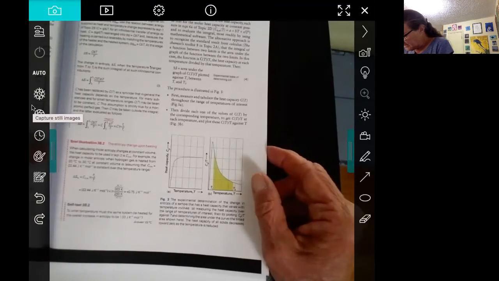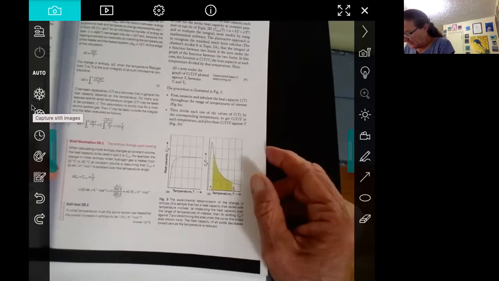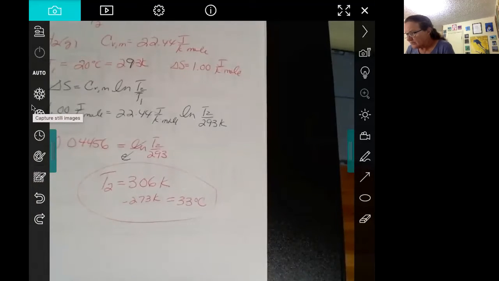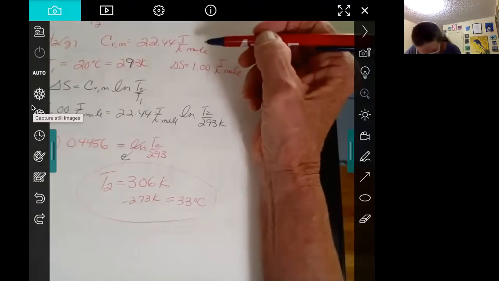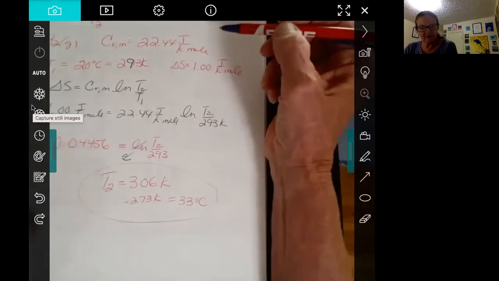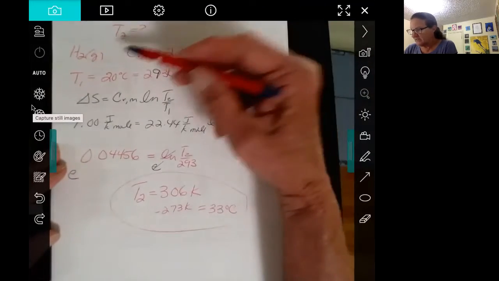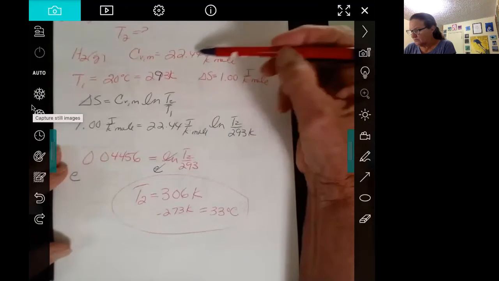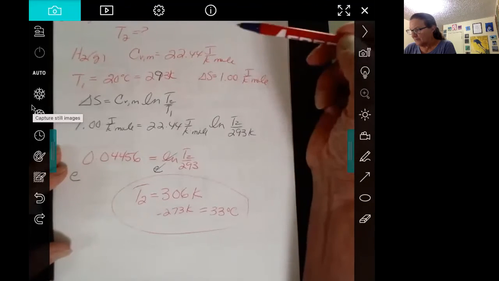The system is given above, where it gives you the heat capacity, and hydrogen gas is what we have, and they want the molar entropy. For hydrogen, the CV is given. You don't even have to look it up. The problem tells us that it's hydrogen gas, and that the CV is 22.44 joules per K mole.